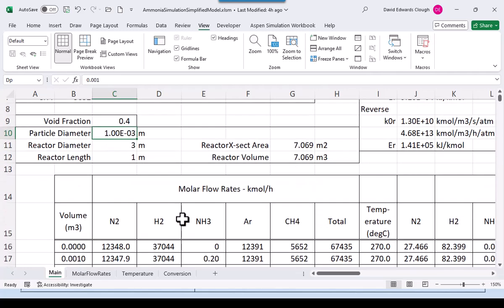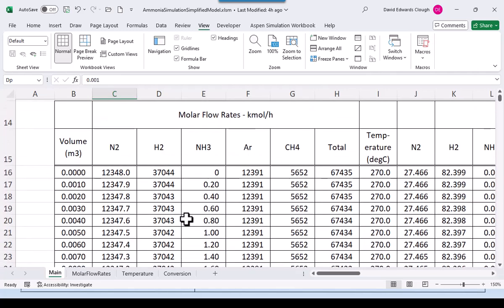Now, as we come down below, we get a block which is similar to the differential equation models that we solved in Bootcamp 3. And what we are doing here is we are using volume of the reactor as our independent variable, and we're using a pretty small integration step of 0.001.